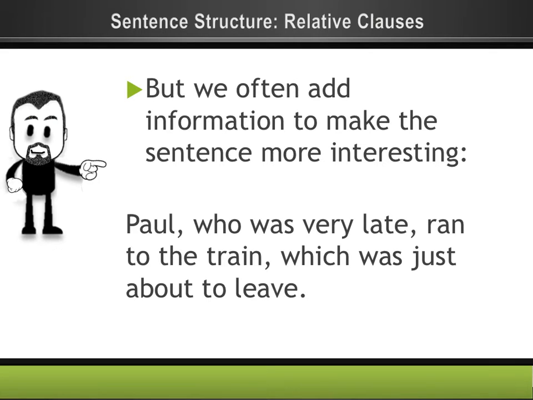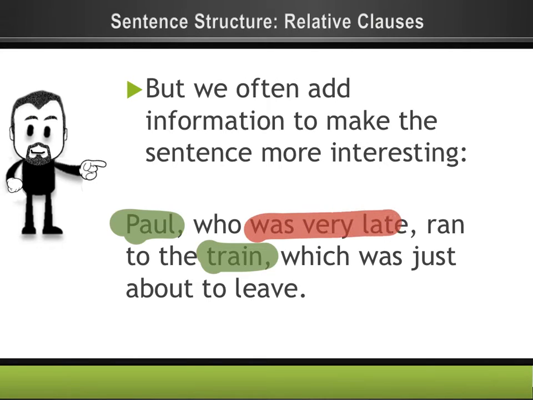In this sentence, for example, we are talking about Paul, but we're also talking about a train. We're telling everybody that Paul was late for the train, and the train was about to leave. So there's lots of information in this sentence, and the sentence structure here is very complex. So we're going to learn how to make this kind of sentence.